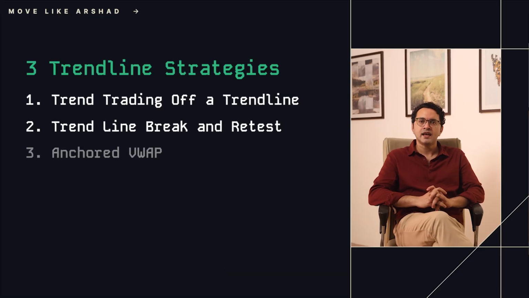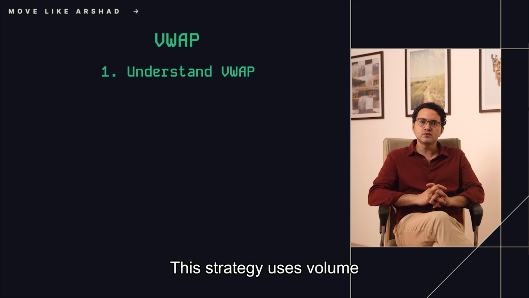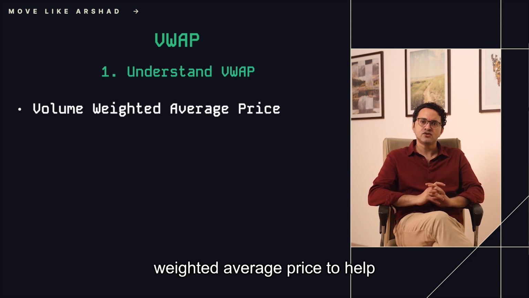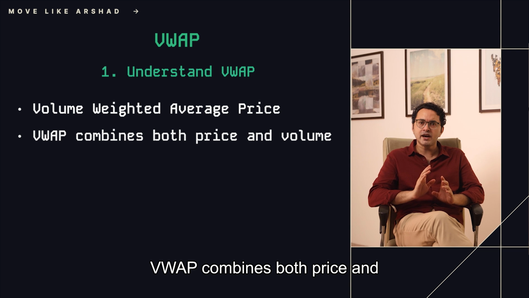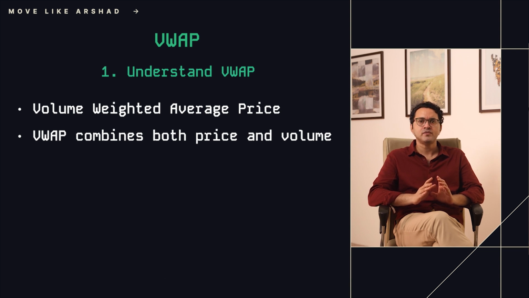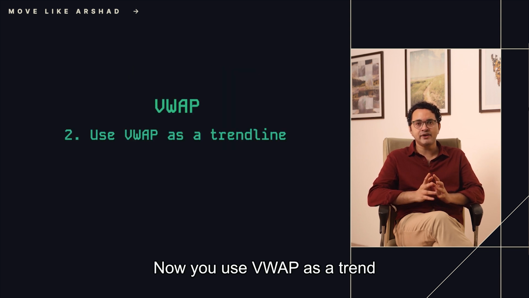Strategy 3. Anchored VWAP as a trend line. This strategy uses volume-weighted average price to help you trade, and here's how it works. VWAP combines both price and volume. It gives you an average price of a stock over a period of time, weighted by the amount of trading. Now you use VWAP as a trend line.